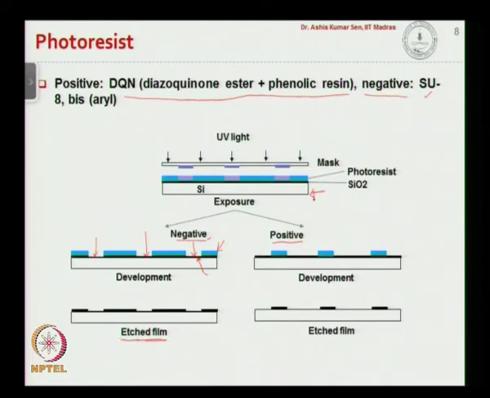Now, if it were a positive photoresist, in the positive photoresist the exposed areas are going to be dissolved. So, in these areas the photoresist is removed. So, we get, after we do the etching, this is the structure of the film that we get. Okay.